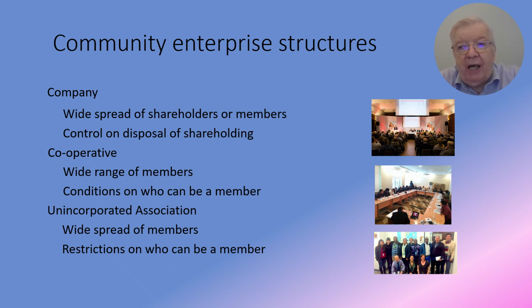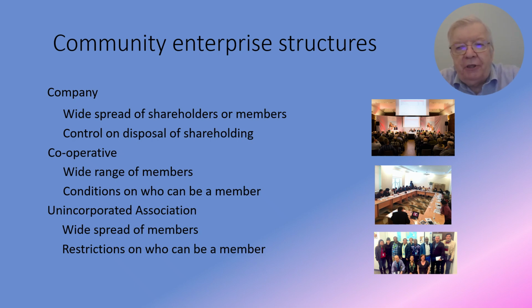There are a few different types of community enterprise structures. The company is obviously the one we'll be familiar with. It can have a widespread of shareholders and members, or it can be that narrow set I spoke about earlier. And there would be a control on the disposal of the shareholding.